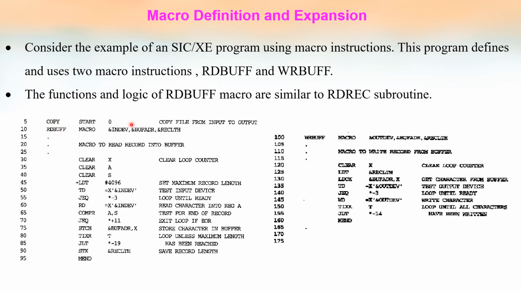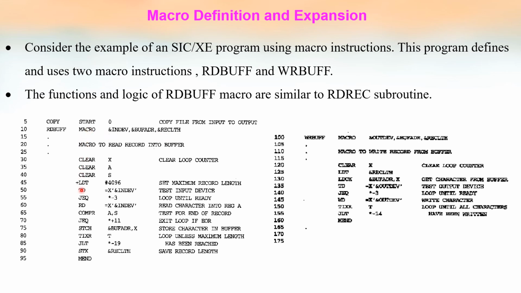So COPY starts at 0, and this RDBUFF is the name of the macro, and this is the keyword MACRO. Then these are the parameters: input device, buffer address, and record length. Each parameter is preceded with the ampersand symbol. So this is the macro definition, which we can identify with the keyword MACRO.